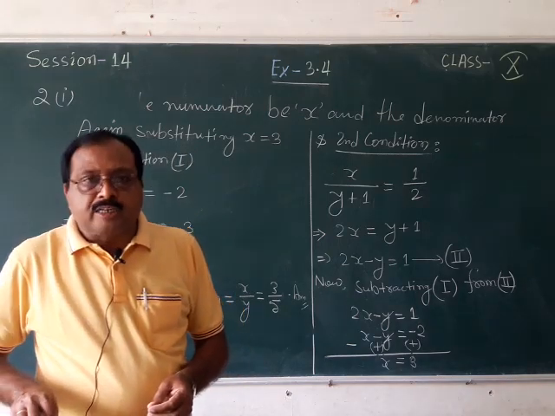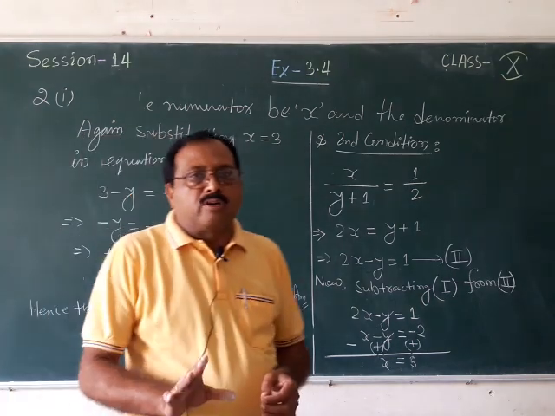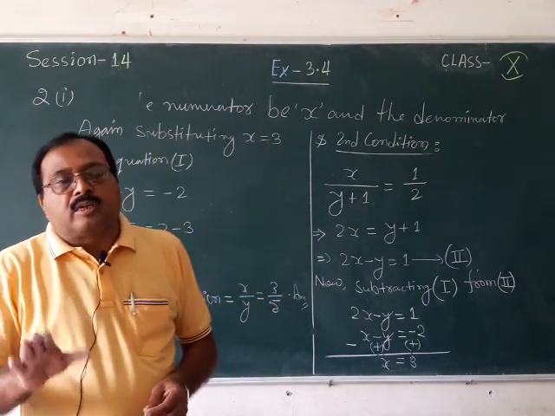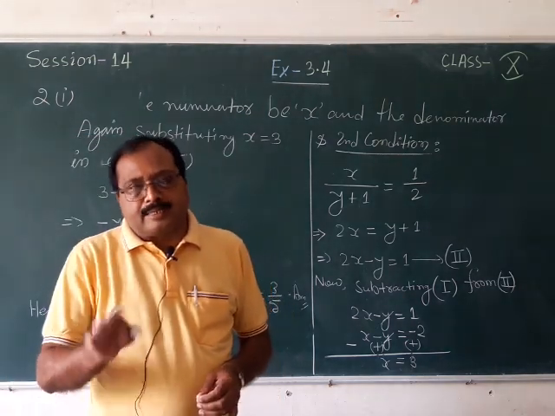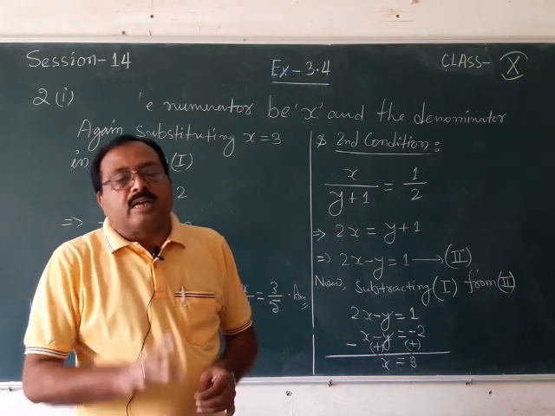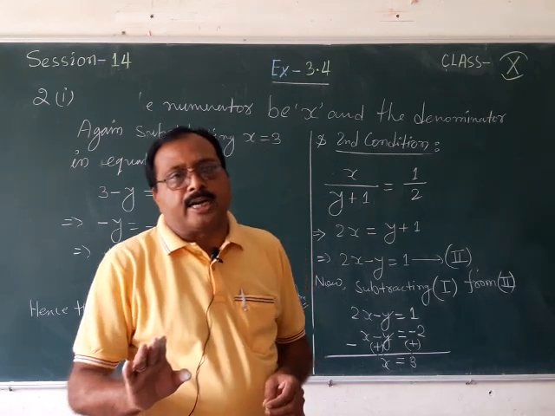We have already discussed the conditions of solutions, that you have to keep in your mind always. When a1 by a2 does not equal b1 by b2, then the pair of linear equations has a unique solution. And second condition, a1 by a2 is equal to b1 by b2 and it does not equal c1 by c2. In this case there is no solution at all.